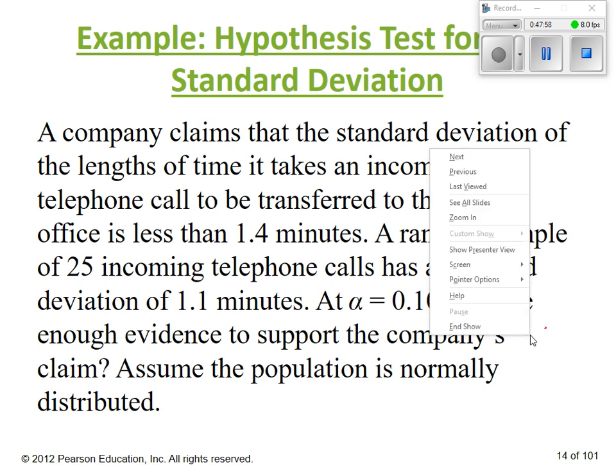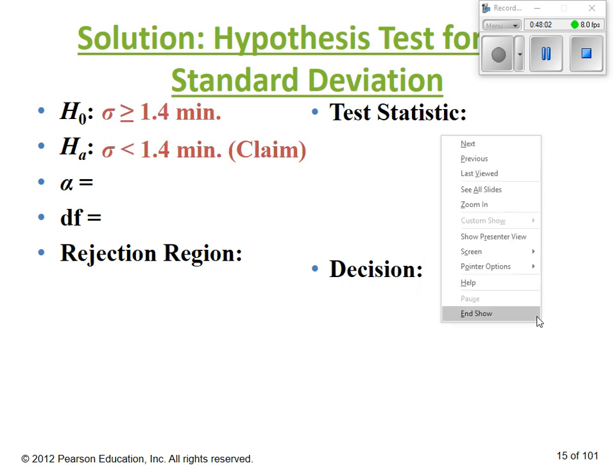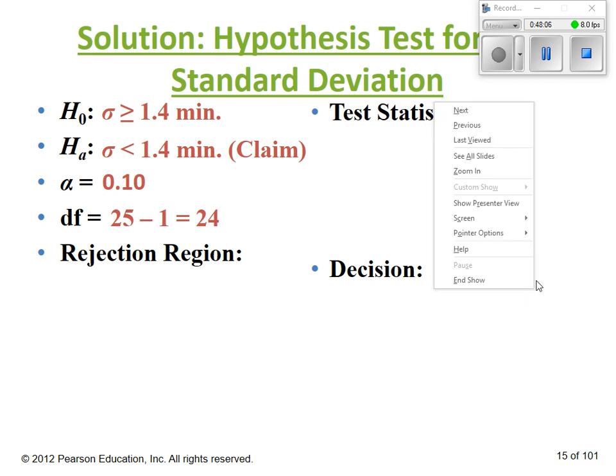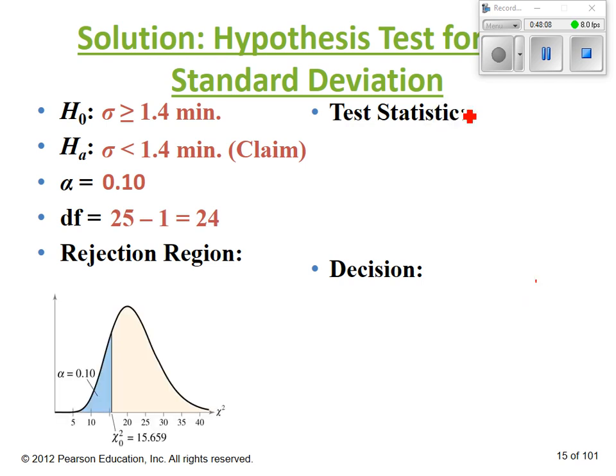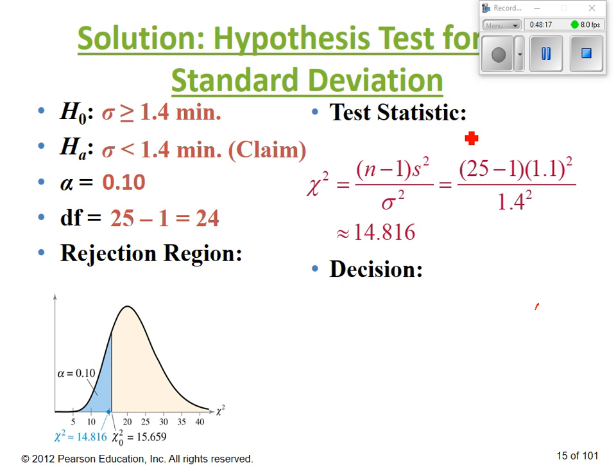See if we did it all right. Is that what we got? Alpha was that, DF was 24. 15.659, is that what we had? And it was left-tailed? Yeah. 14.816, is that what Elizabeth told us?